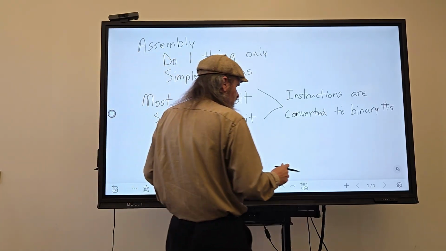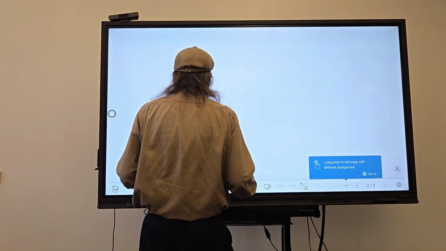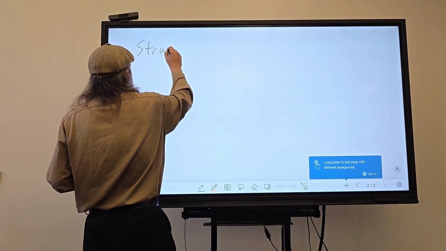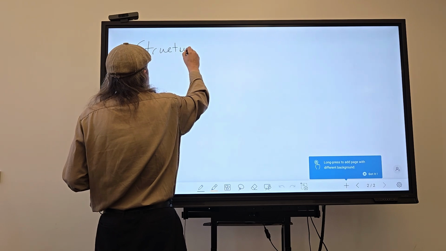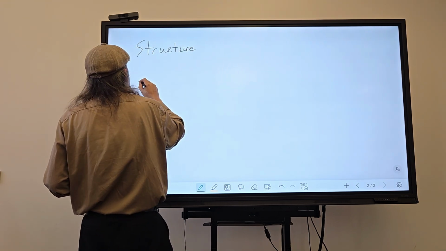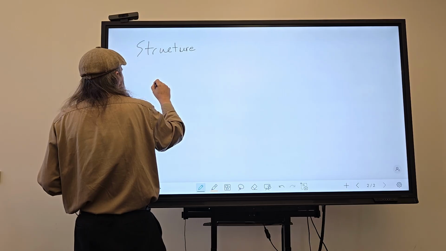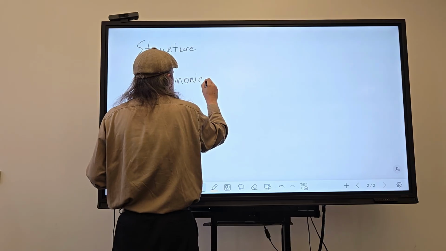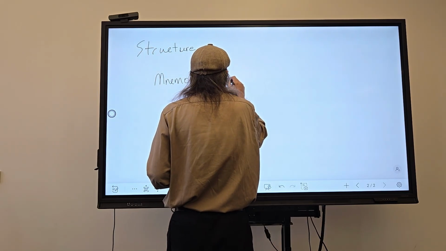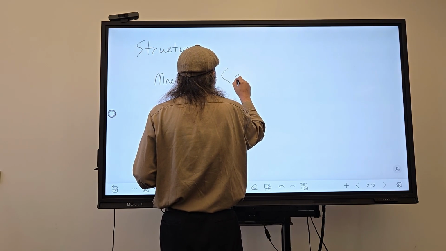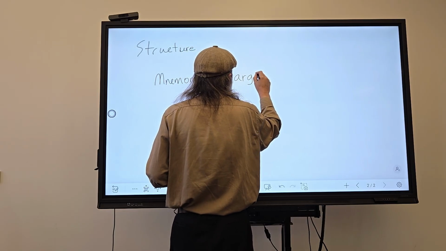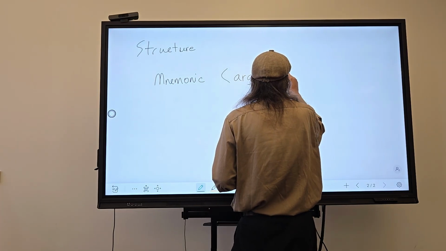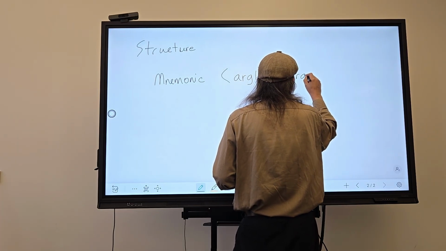Now, the structure of an assembly instruction: you have the mnemonic. Then you have potentially argument 1, comma, argument 2.